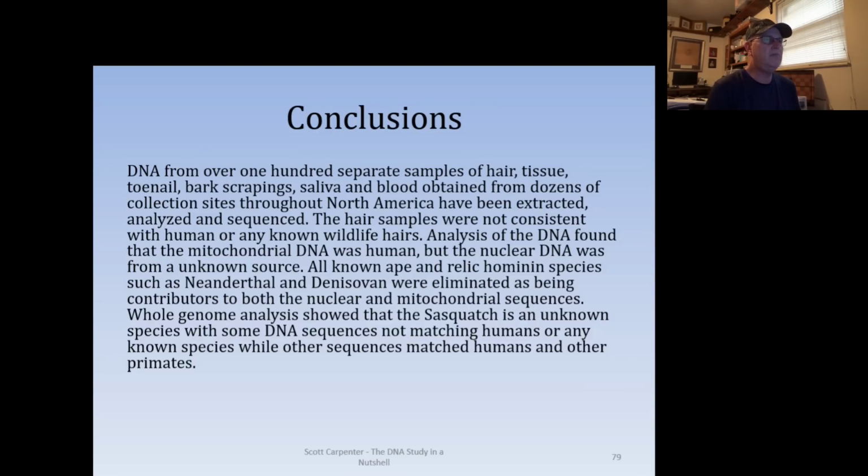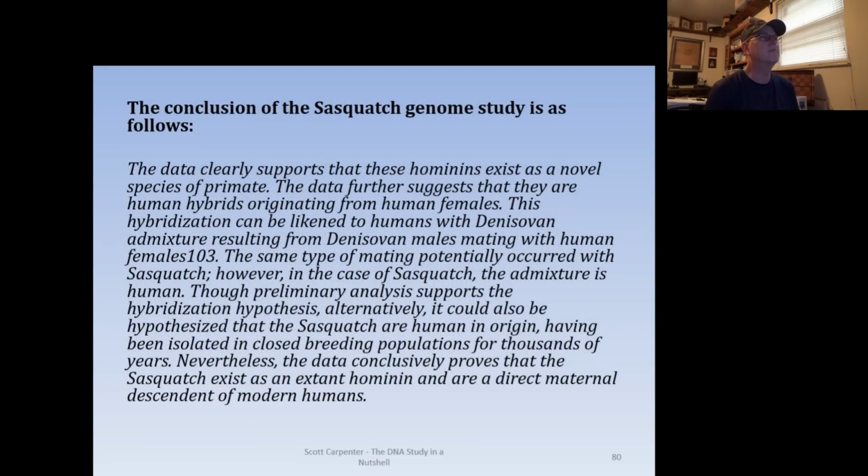All known ape and relic hominin species such as Neanderthal and Denisovans were eliminated as being contributors to both the nuclear and the mitochondrial sequences. The whole genome analysis showed that the Sasquatch is an unknown species with some DNA sequences not matching humans or any known species, while other sequences did match humans and other primates.